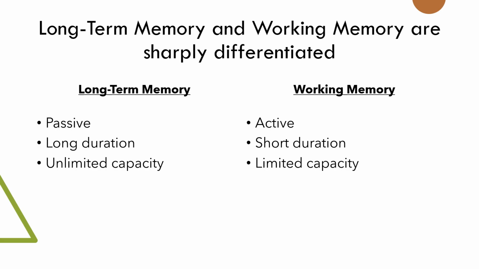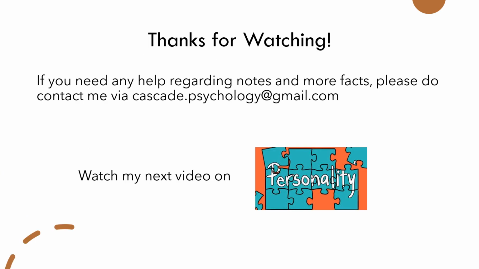In long-term memory, some of the items last a lifetime, whereas in working memory, items disappear within seconds when no longer thought about. And long-term memory has unlimited capacity, and working memory has limited capacity. This means all your long-lasting knowledge is in long-term memory, and only your present thoughts are in working memory. So that's it for this video.